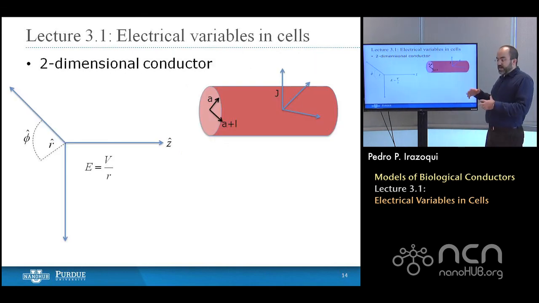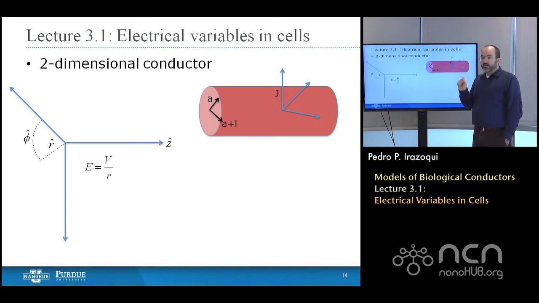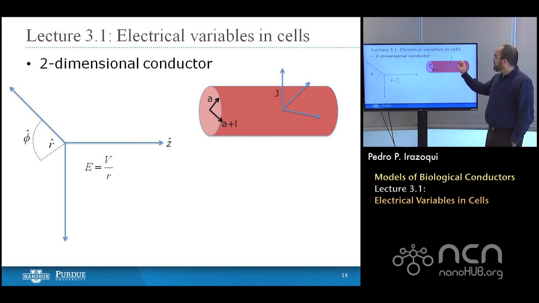So let's go back to that two-dimensional conductor. You have an inner radius of A, but because the membrane has some thickness little l, we're going to say the outer radius is going to be A plus little l, where the length is still capital L, and you're still going to have a current density J flowing out.